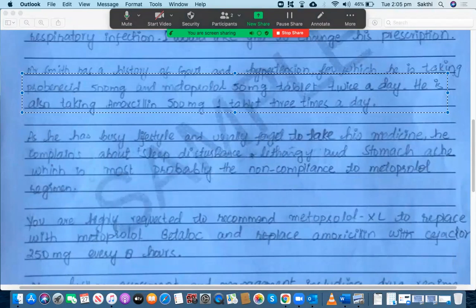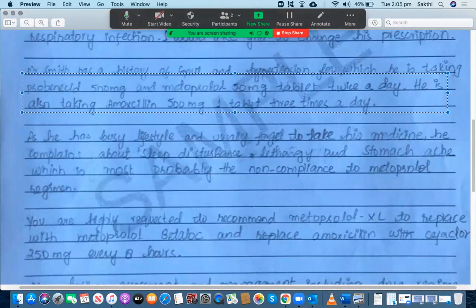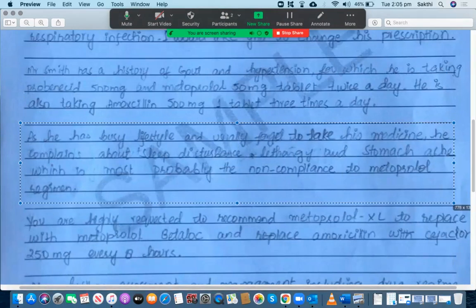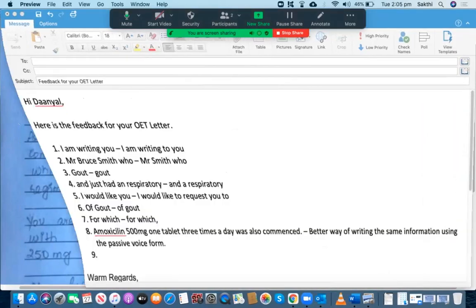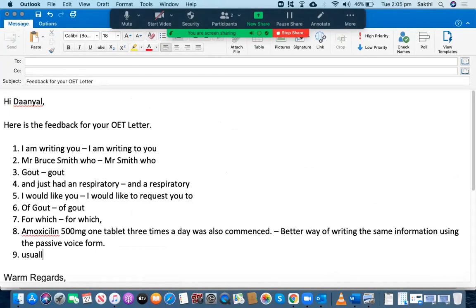All right, as he has a busy lifestyle and usually forgets to take his medicine. Why is it "forgets"?